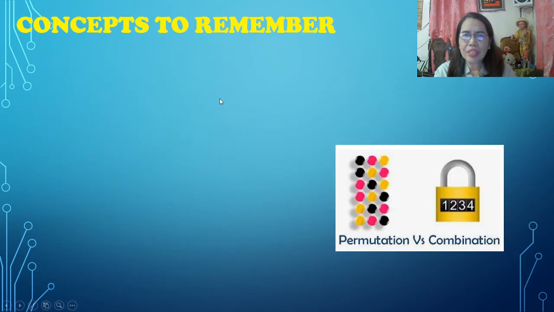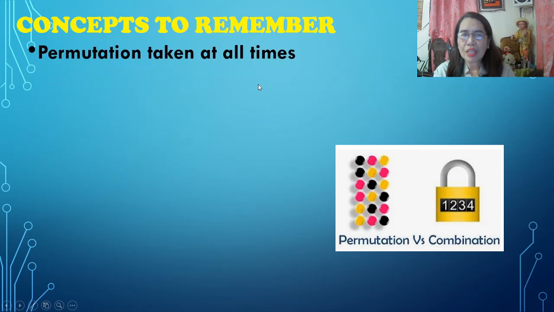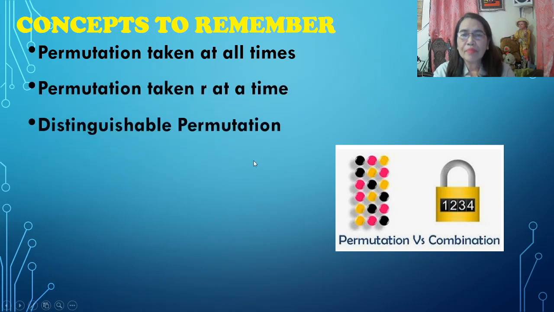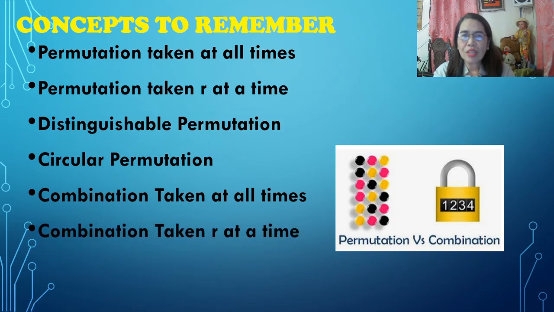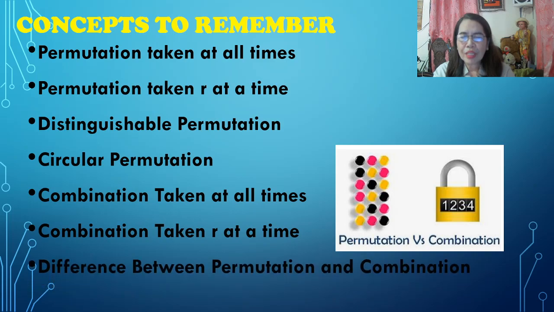So for the concepts to remember in order to solve problems about permutation or combination, we have as follows: permutation taken all at a time, permutation taken r at a time, distinguishable permutation, circular permutation, combination taken all at a time, combination taken r at a time, the difference between permutation and combination, and the FCP or the fundamental counting principle.